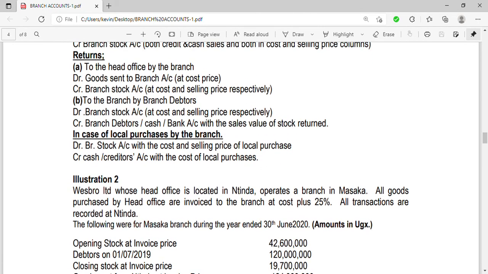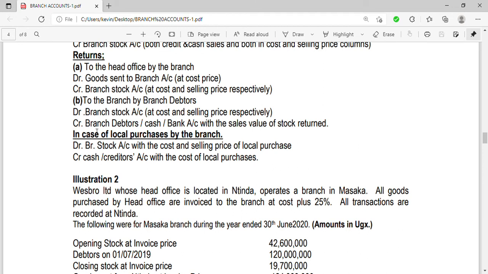Then in case of goods returned to the branch by the branch debtors, when the branch customers return goods to the branch, we debit the branch stock account at cost and selling price respectively, because the stock at the branch is increasing after the customers return what they had taken.